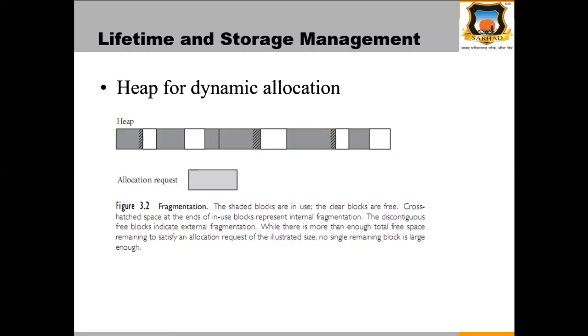While there is more than enough total free space remaining to satisfy an allocation request of the illustrated size, no single remaining block is large enough. That means if the allocation request is this, we can't allocate it because there is no single free block of that size. So in a heap, both internal fragmentation and external fragmentation occur.